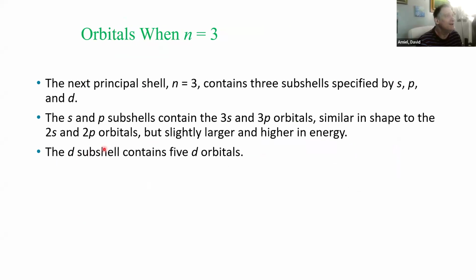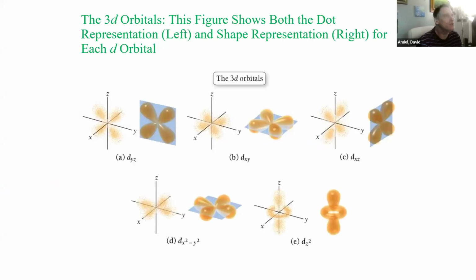The next one is the d. Remember, there are 5 equal in energy d orbitals. Yes, here they are, the 5 d orbitals in different directions. There's the weird, wonky dumbbell-shaped one. Again, 2, 4, 6, 8, 10 electrons can fit into the d subshell.